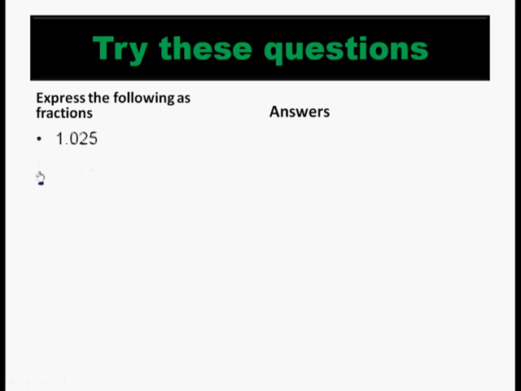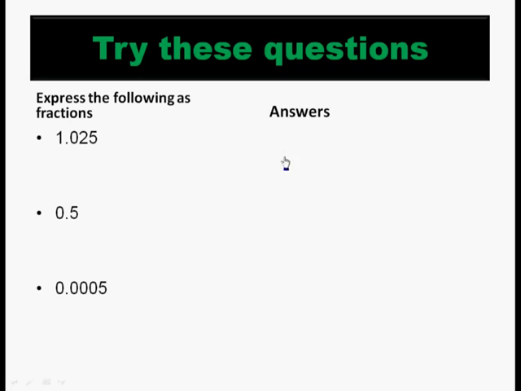The first one, 1.025, the second 0.5, and the third 0.0005. So I'm going to ask you now to convert these 3 decimal fractions to fractions. So pause the video and do just that.